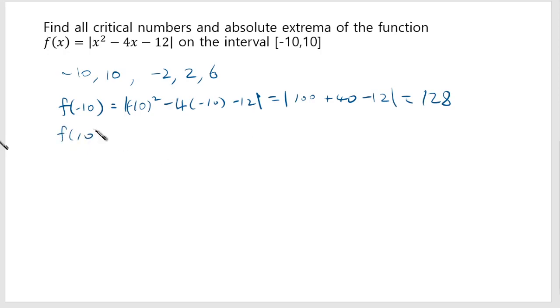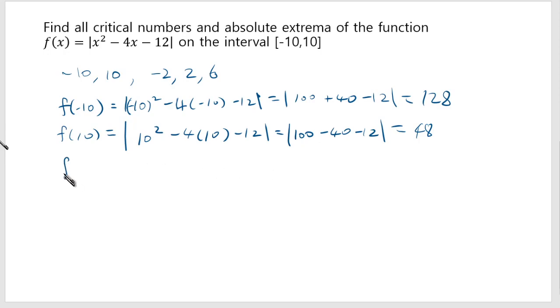How about f of 10? It's basically the same thing, but we don't have a minus. It's just 10 squared minus 4 times 10 minus 12, and that's 100, and then minus 40 minus 12, in which case that's 48.